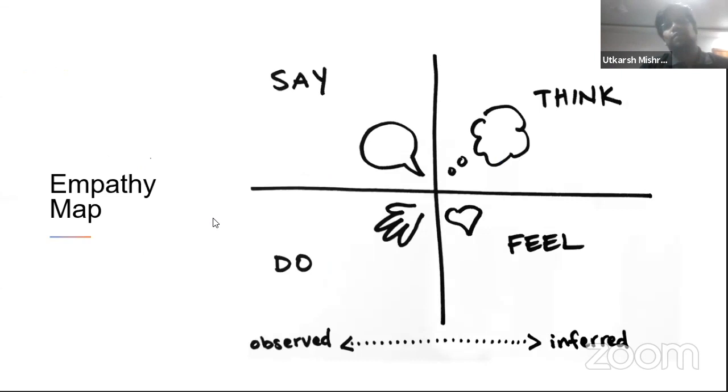And we have a few methods which I have taken for this session where we can deep dive. So right now, this is the empathy map. This empathy map talks about what people think, say, do, and feel. You can use it whenever you are in conversation with people on anything.